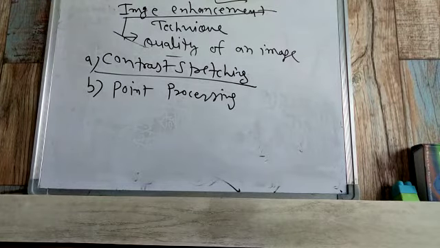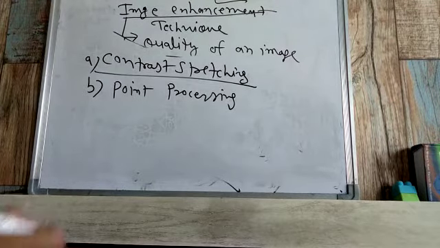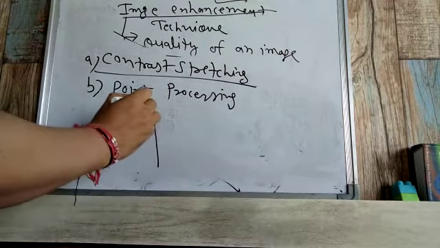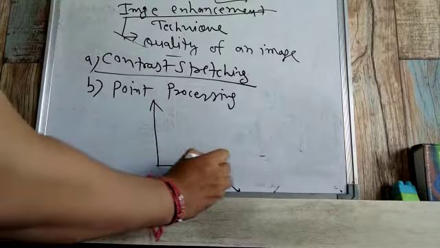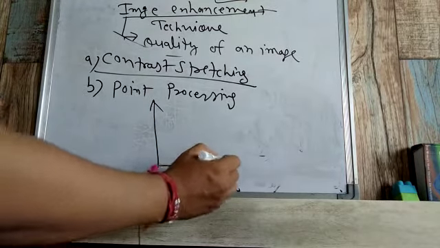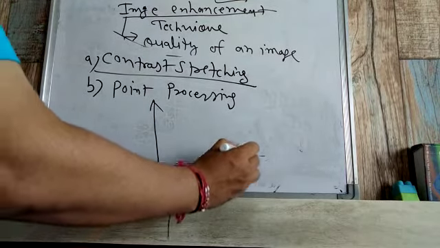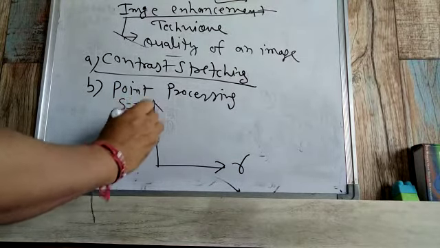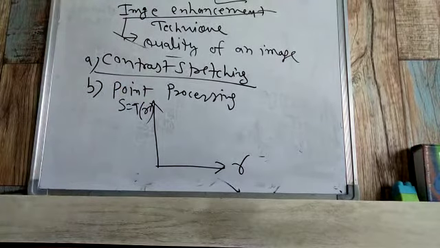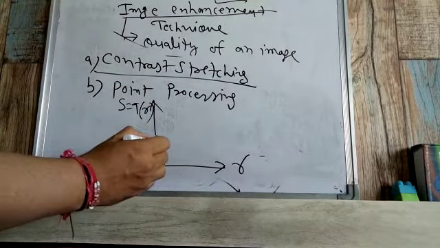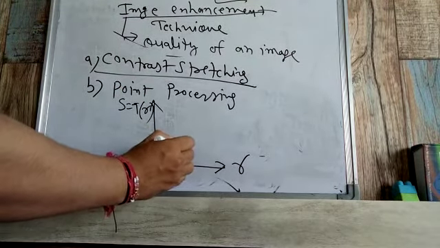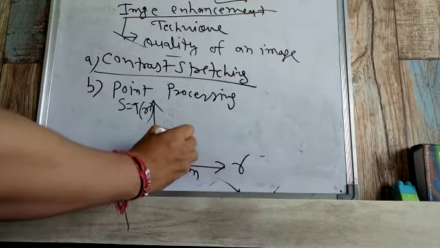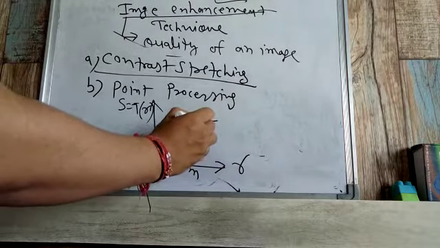So let's take an example of contrast stretching. Simply draw a diagram, let's say. Over an axis you draw r, and here you get back S equal to T of r. Clear? Let's say you have a threshold value M, and from here you get back a curve like this.